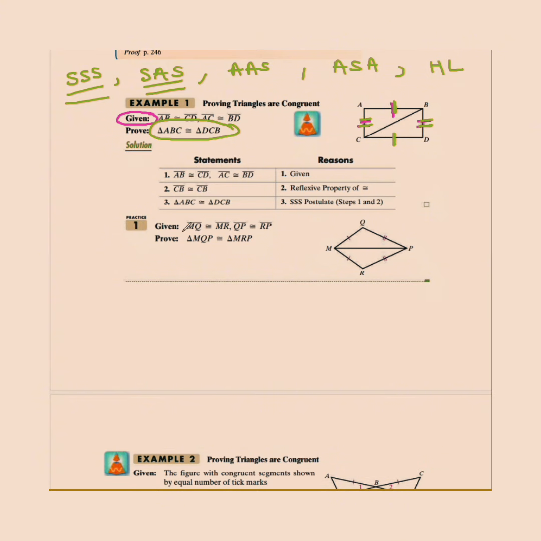You have been given that line segment AB is congruent to line segment CD, and it's good to visualize in geometry. And then the other thing that's given to you is line segment AC is congruent to line segment BD, and what is the reason? This is given in the question.